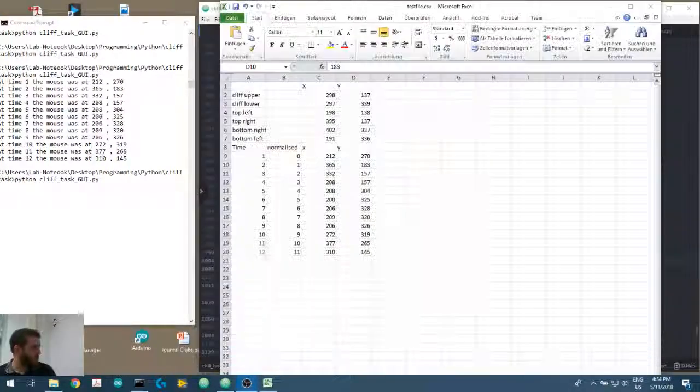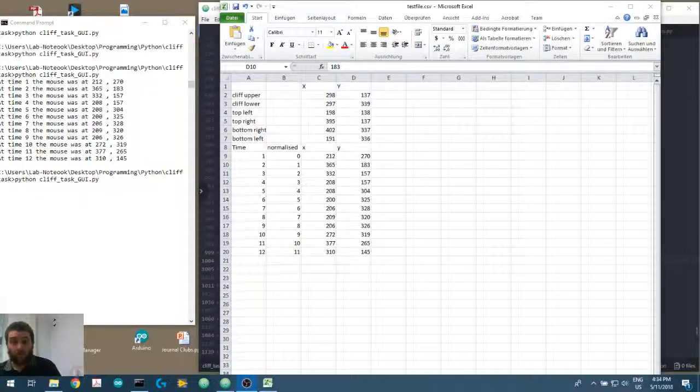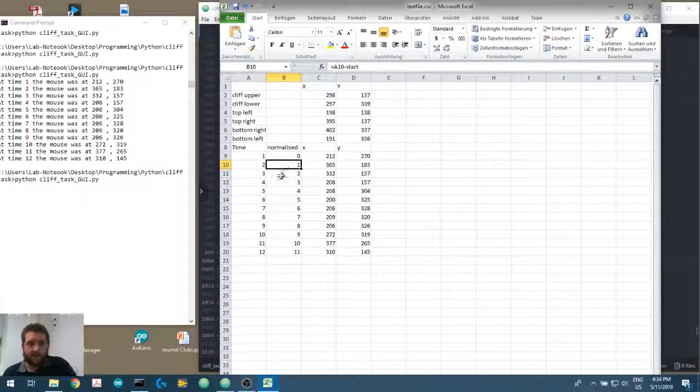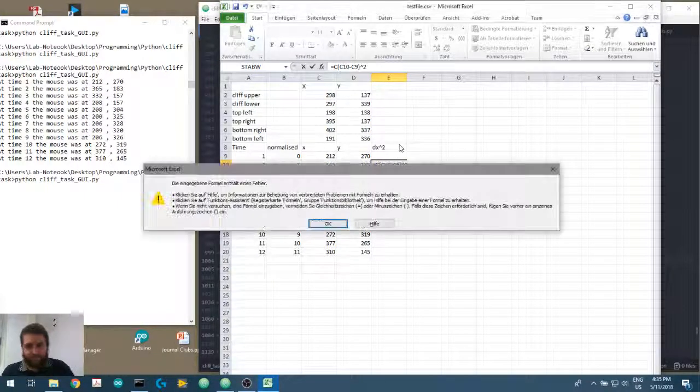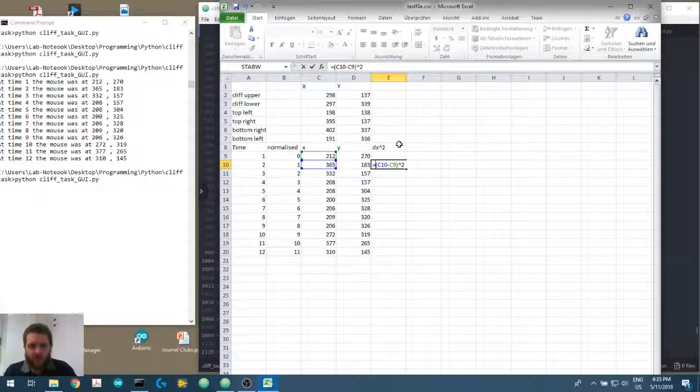Okay, so let's move back over here. We'll turn this guy back off. So we've got all this data here. We've got the x t plus 1, t1 or tn plus 1, tn, so we just need the difference in x squared. So how do we do that? Well, equals plus the difference squared. What have I done wrong? Okay.